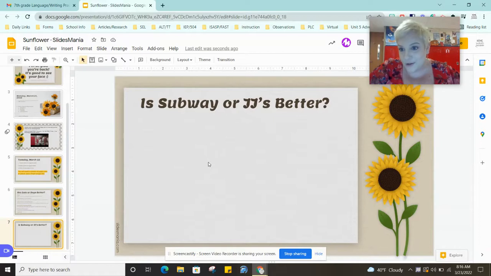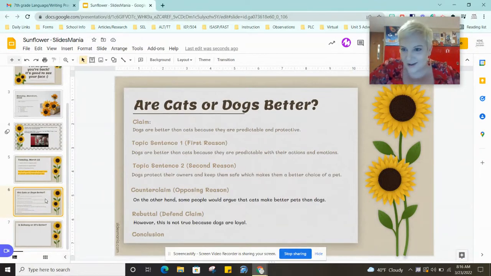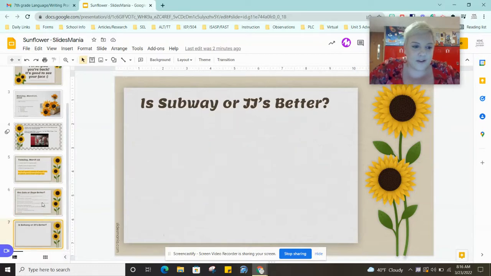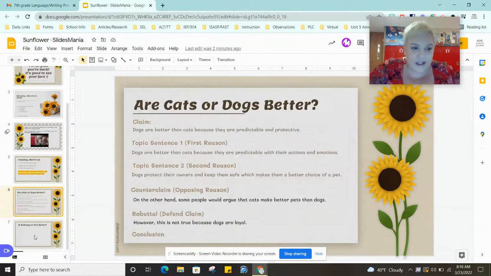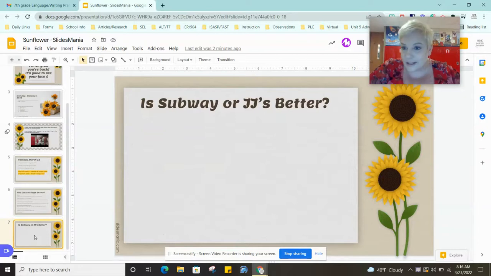If you haven't been to either of those, you can pick, is Chick-fil-A or Raising Cane's better? Or maybe you want to pick, is Starbucks or Scooters better? Okay. And what you are going to do is make a basic outline for that. Okay. If one is better than the other, and you are going to email it to me.